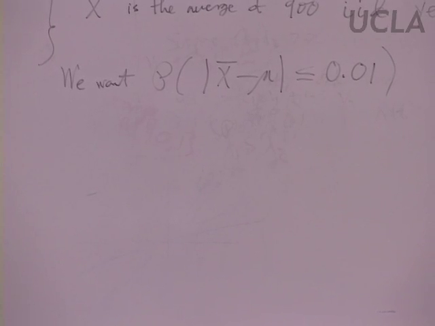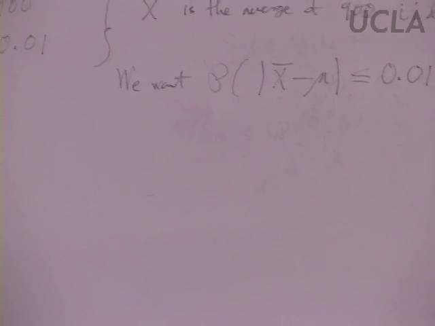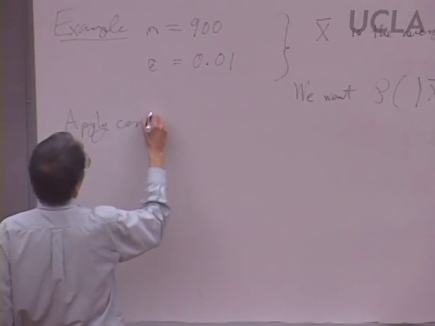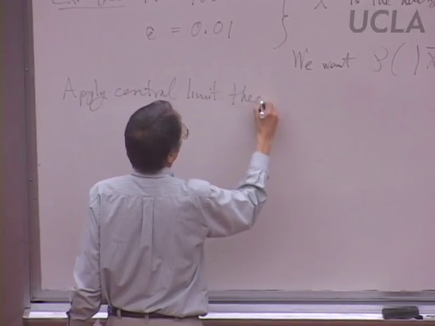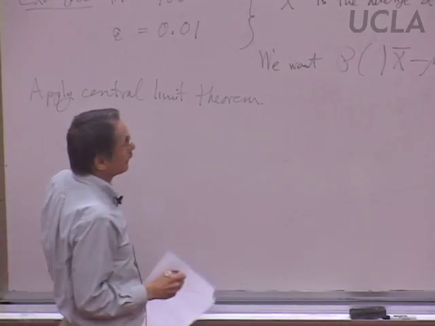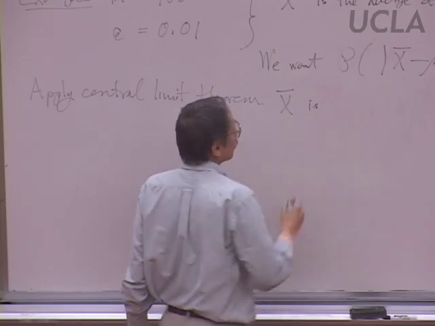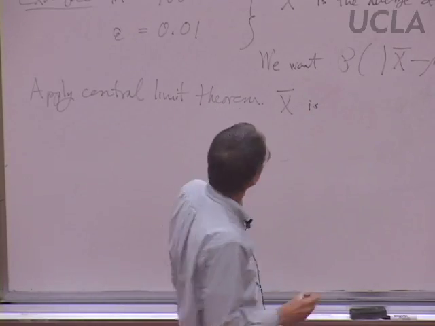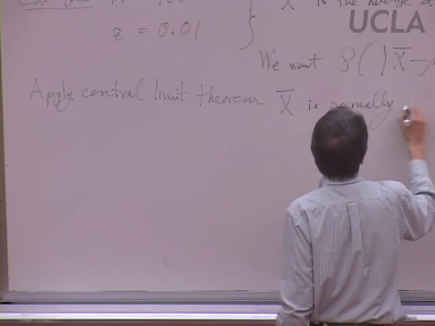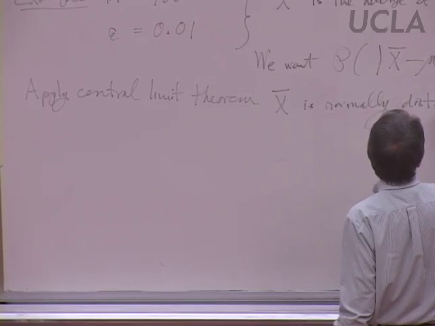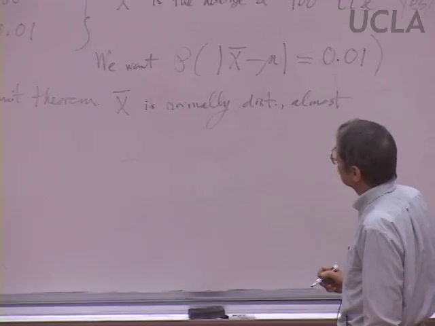I mean, this is the pill problem. That x bar is normally distributed, almost. So we apply the normal distribution.